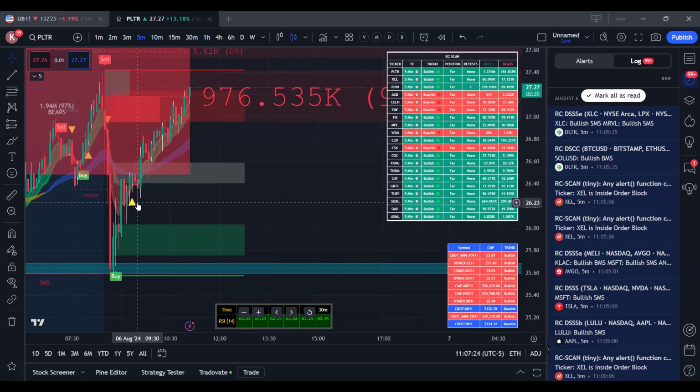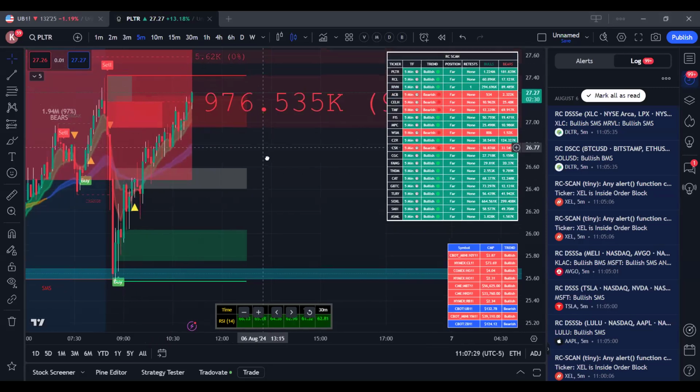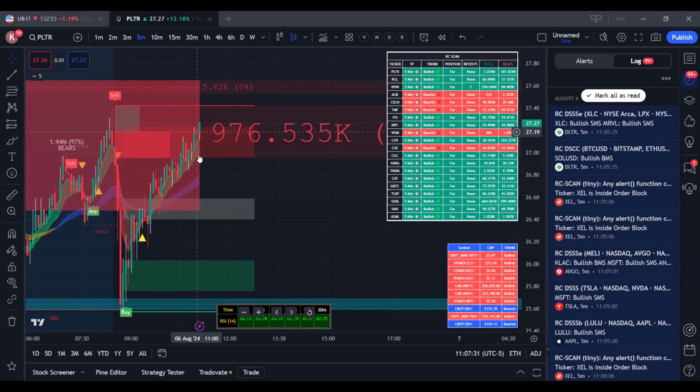But again, overall the buyers were more, so it is trying to break the resistance. You never know, sometimes it can touch and suddenly drop, sometimes it can break.